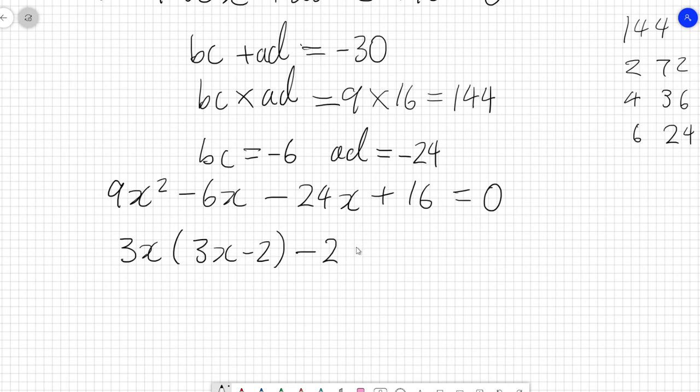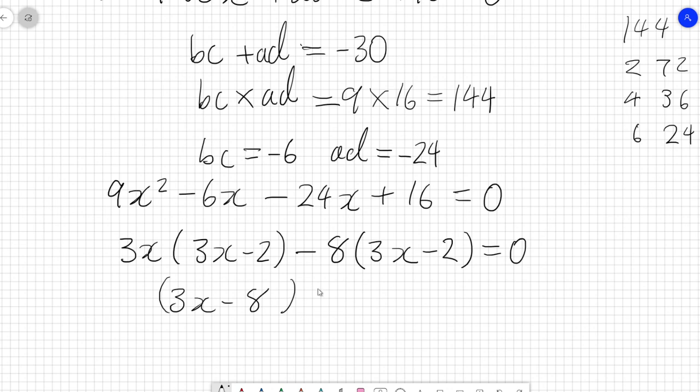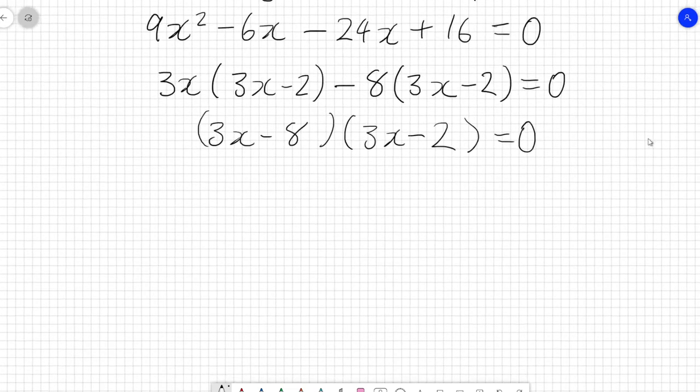So we have 3x minus 2 as well, because factoring negative 8 out of positive 16 gives negative 2, so you end up with 0. And then you can factor out 3x minus 2, so (3x minus 8) times (3x minus 2) equals 0.